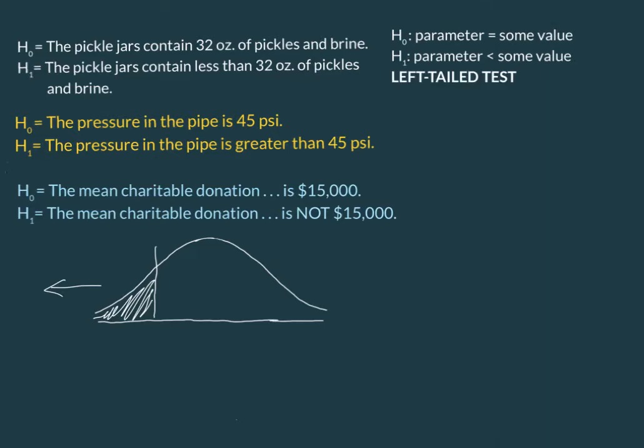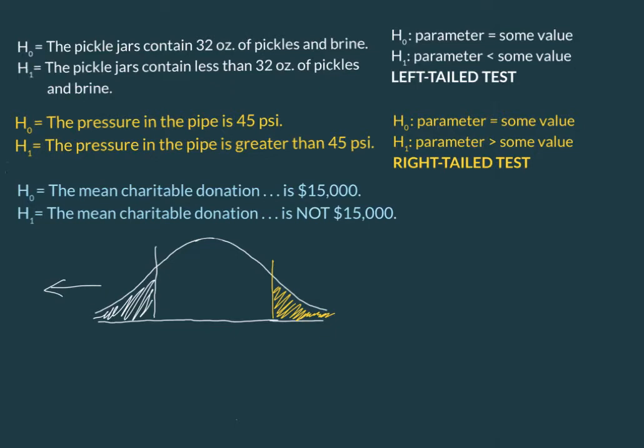In much the same way, the second example gives you a parameter and asks you, through the alternative hypothesis, if the pressure in the pipe could be greater than 45 psi. Thus we have an H naught where the parameter equals some value.